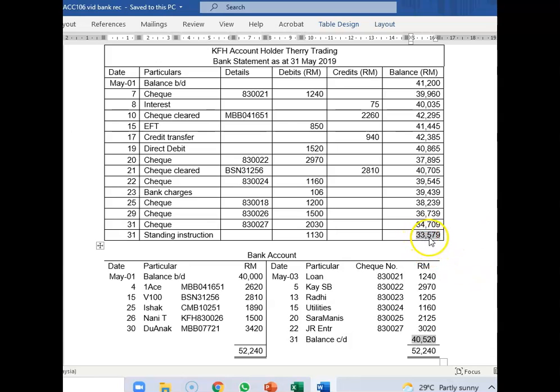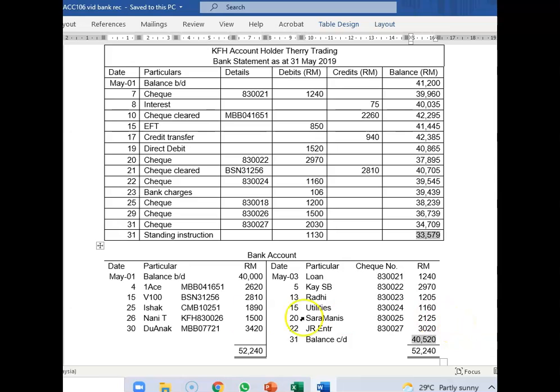The bank statement shows 33,579, but our bank account shows an ending balance of 40,520. It's a major difference, right? So this is why we need to prepare the bank reconciliation statement. Bank reconciliation will explain why there is a difference between these two.